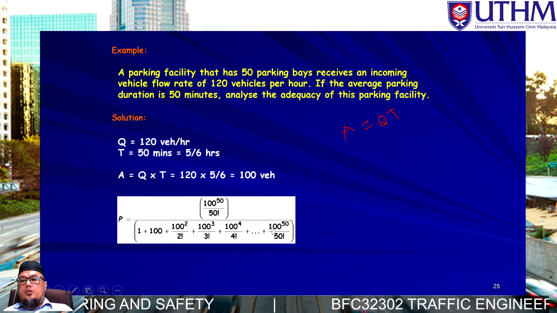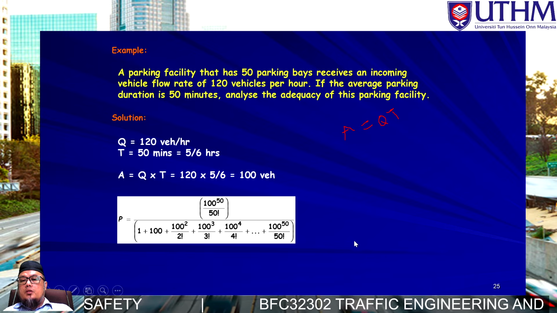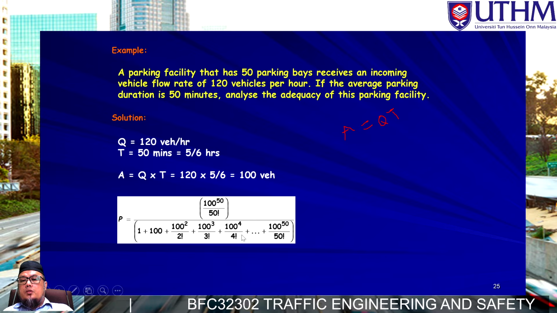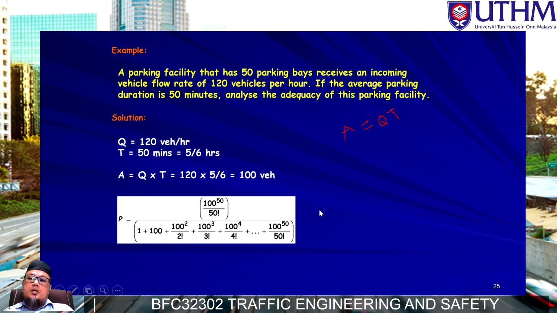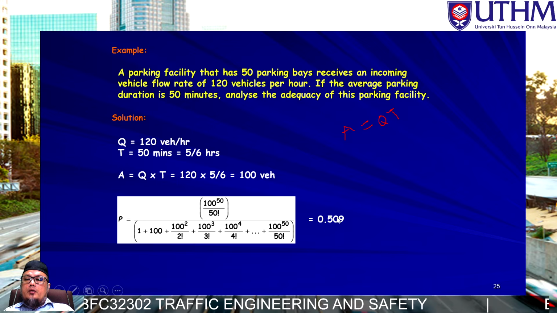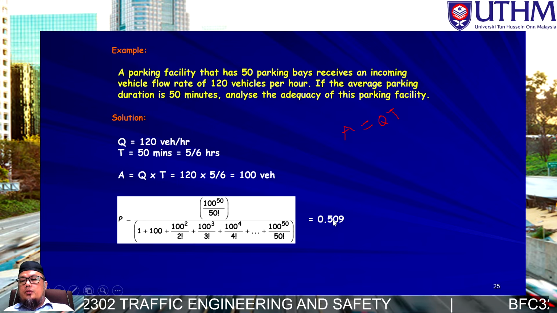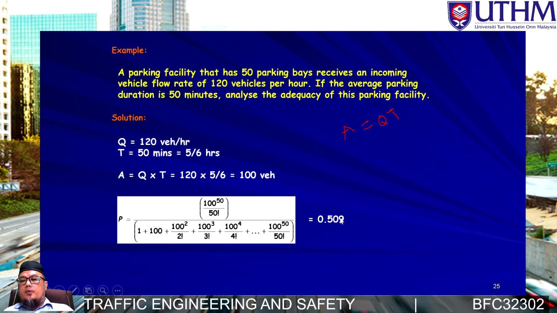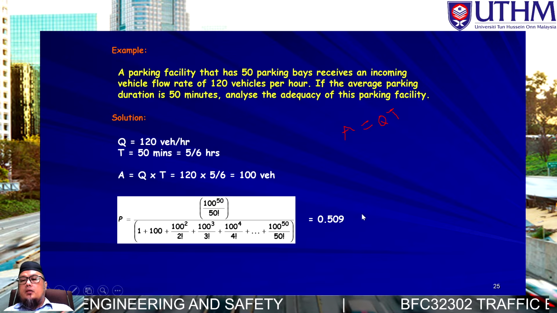If you can, use an Excel spreadsheet to do the iteration. It's not easy to do by calculator. Better to use Excel. We obtain 0.51, or 50%, more likely 51%.